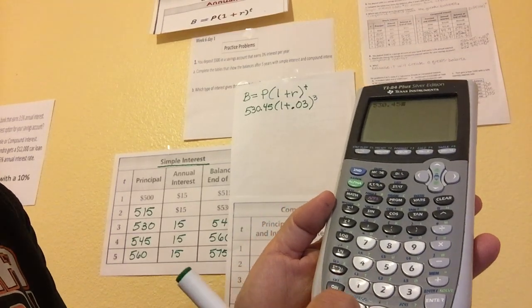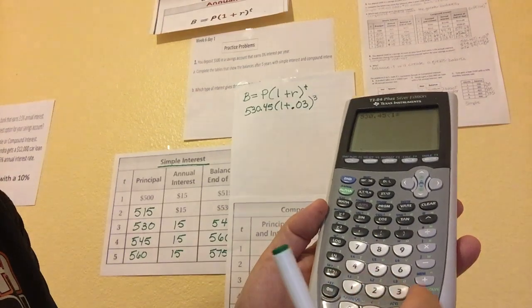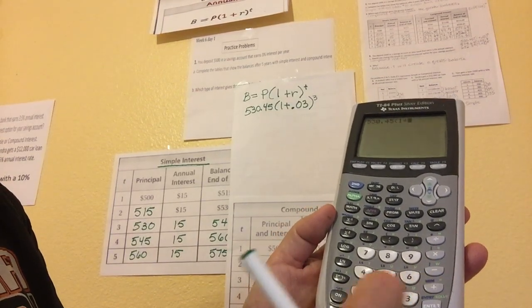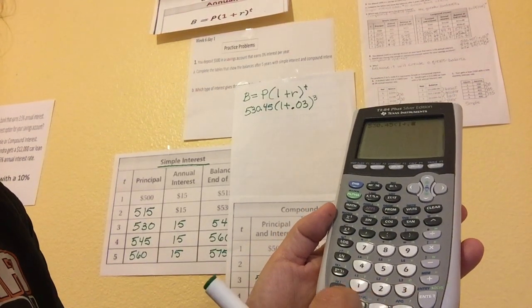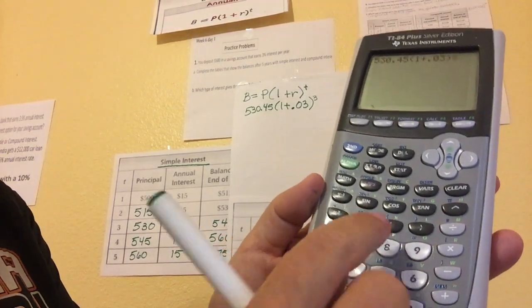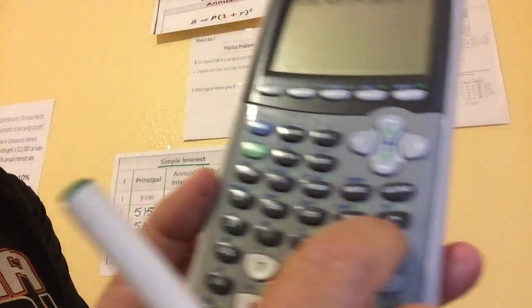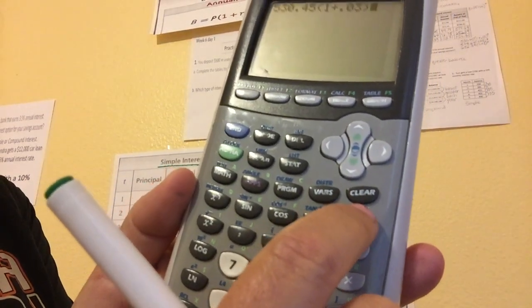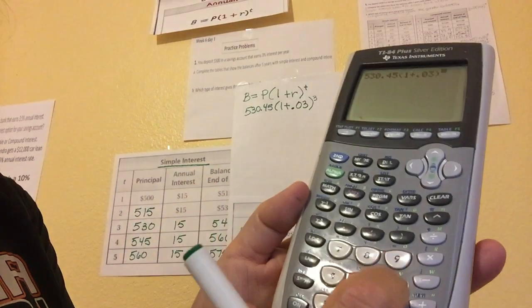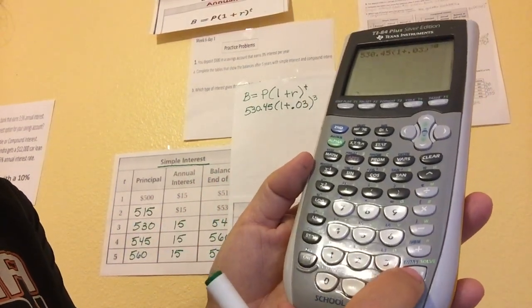Just like it is on your paper, parentheses, 1 plus 0.03, okay? And then remember we have this button here, this one right here, right there, okay? Hit that one, and then put a 3 in, and hit enter.